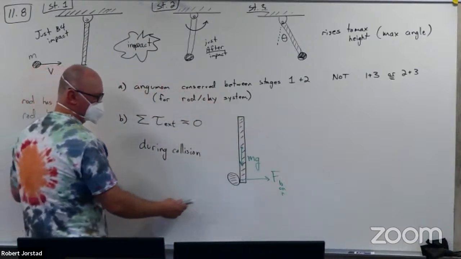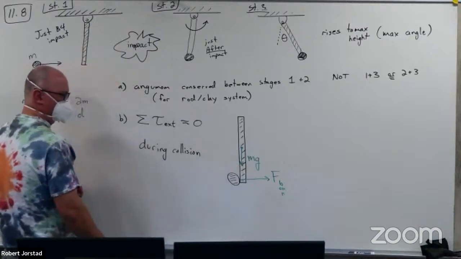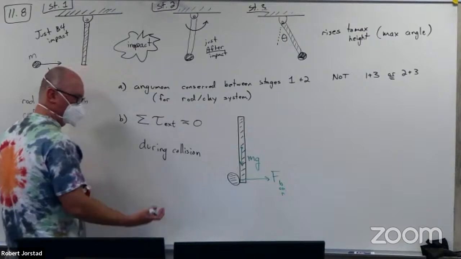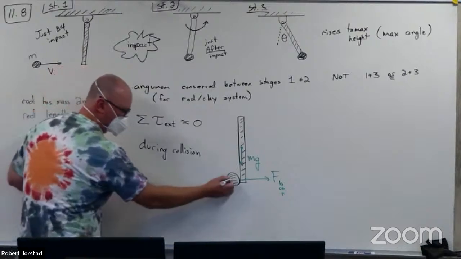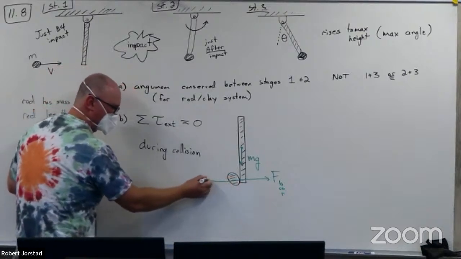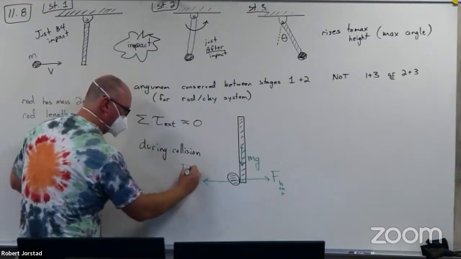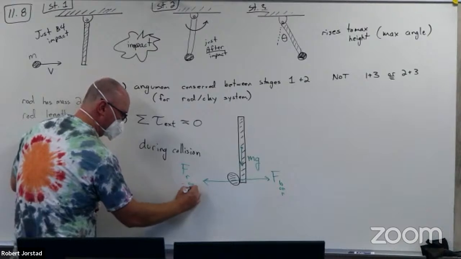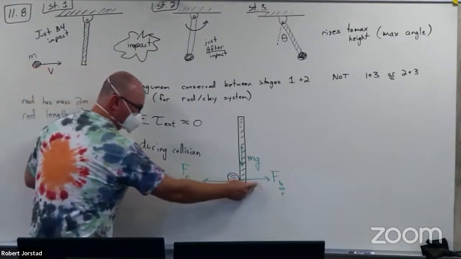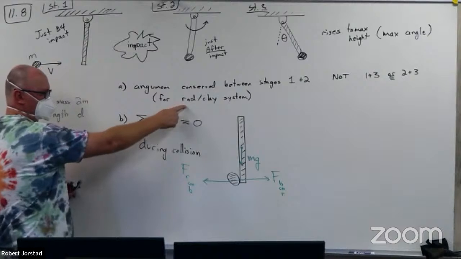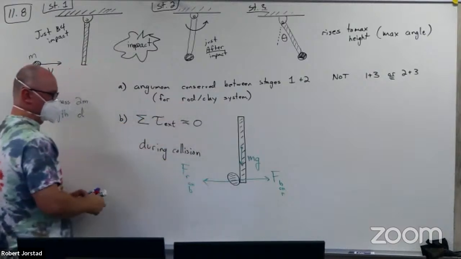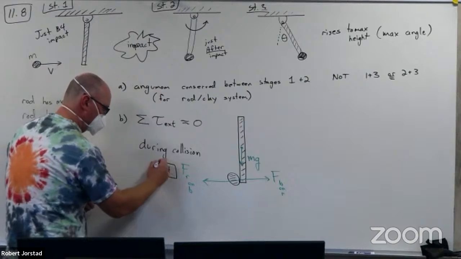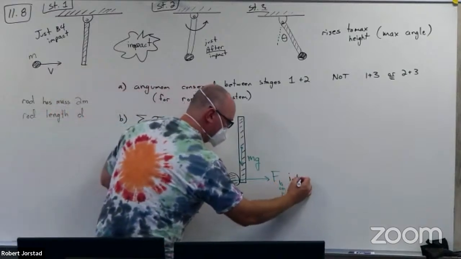Is there a force from the rod on the ball? Is the rod exerting a force on the ball? Yep. Yeah, Newton's third law. There's a force of the rod on the ball. What's true about this force in this system? It's internal. Internal.